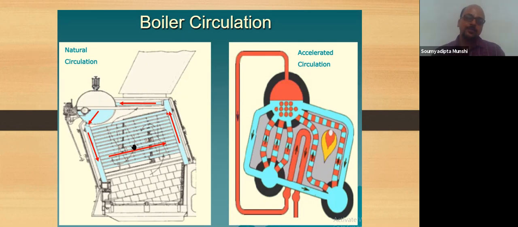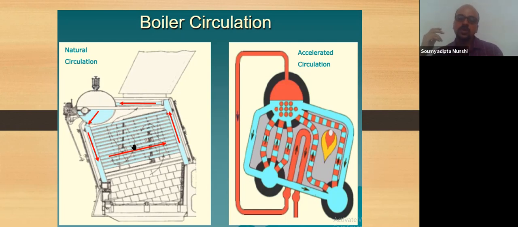As the pressure increases, the difference in the density between the water and the steam also reduces. So the head of the water available inside the drum is not enough to balance the frictional loss.